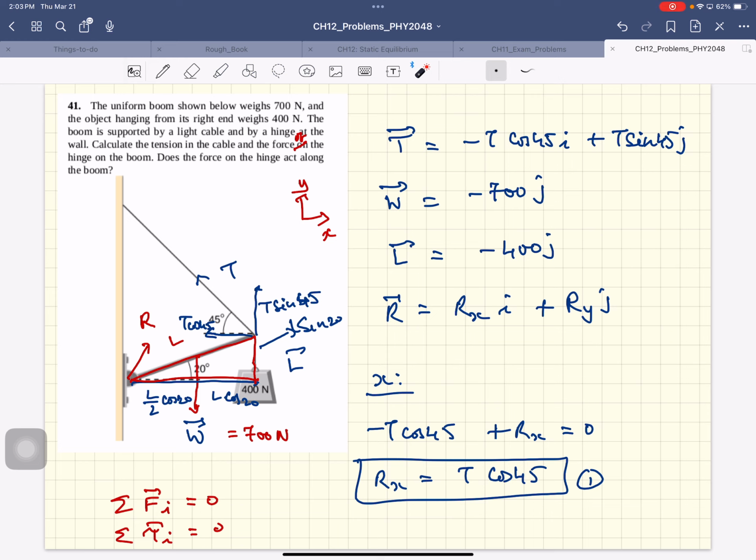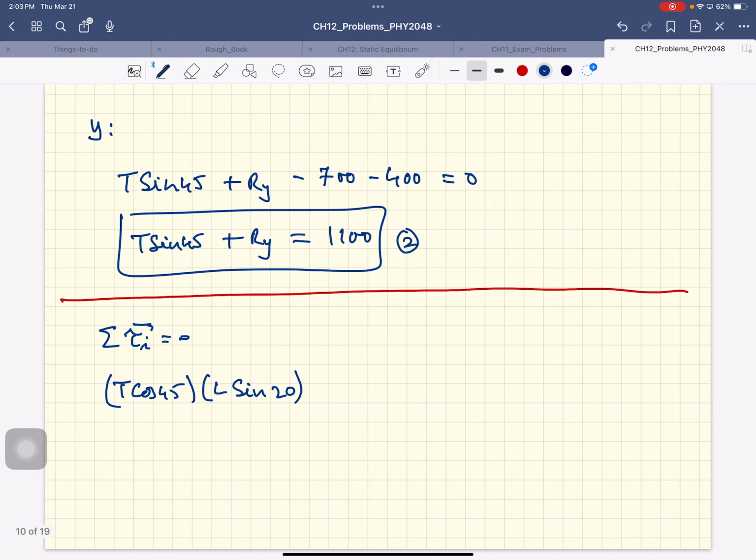Can somebody help me out? T sine 45, and the moment arm is L cosine 20. And is it positive or negative? Positive. Very good.